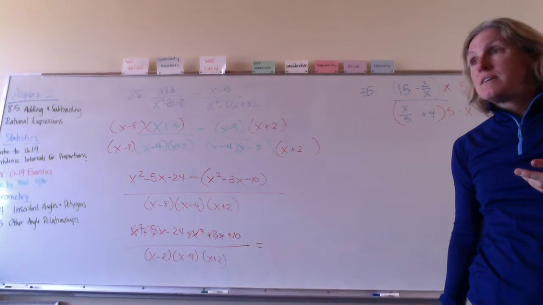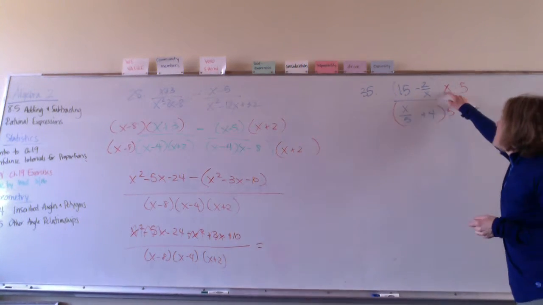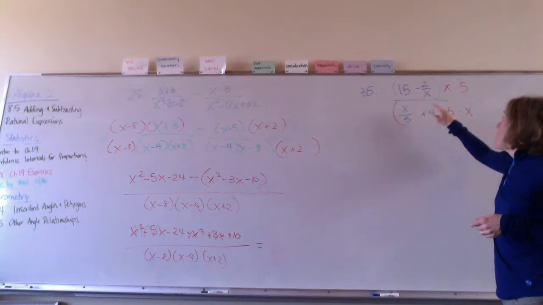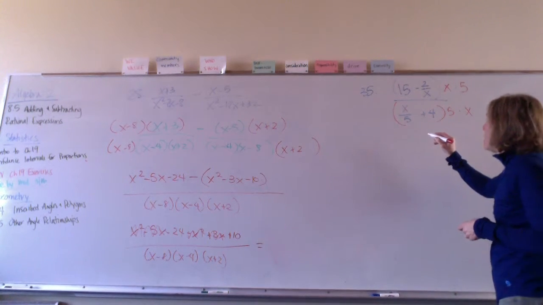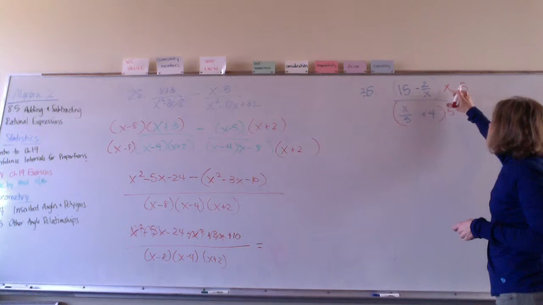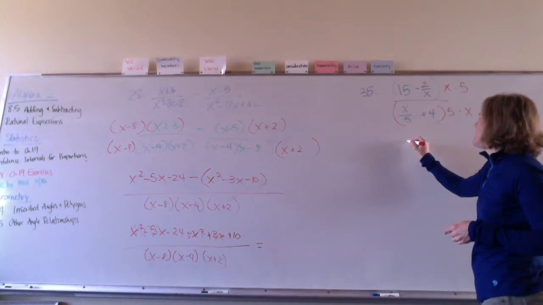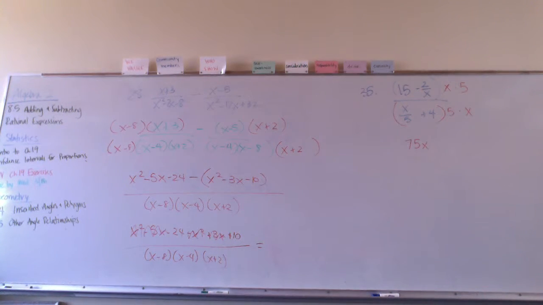Does that make sense? So this x was to get rid of that. This 5 was to get rid of that. But I have to keep all things equal. So what is 5x times 15? What's 5 times 15? 75x. Right?